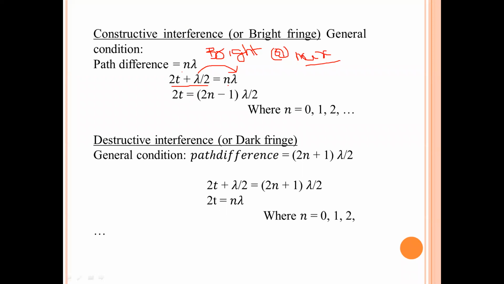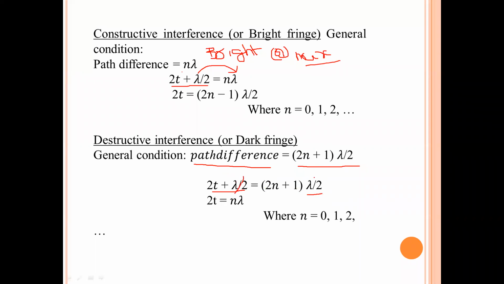Now the next case is destructive interference. How do we get the destructive interference condition? Path difference is equal to an odd multiple of half of the wavelength. So the path difference value is 2t plus lambda by 2. An odd number is indicated by the symbol 2n plus 1, and half of the wavelength means lambda by 2.